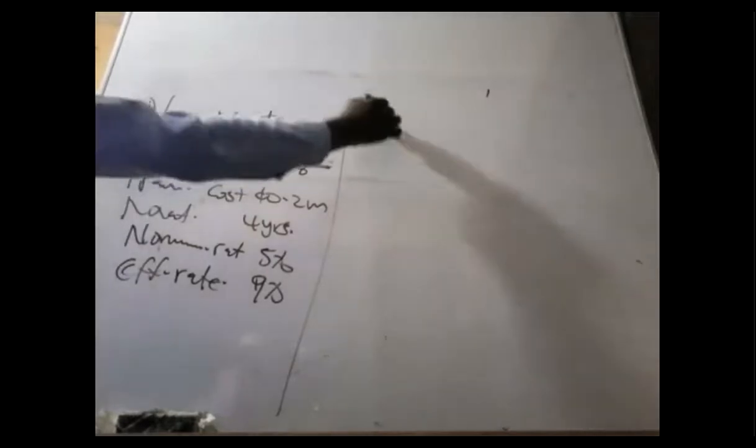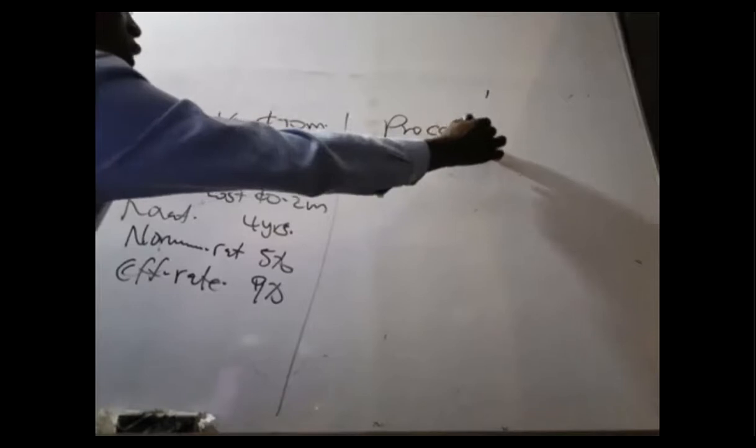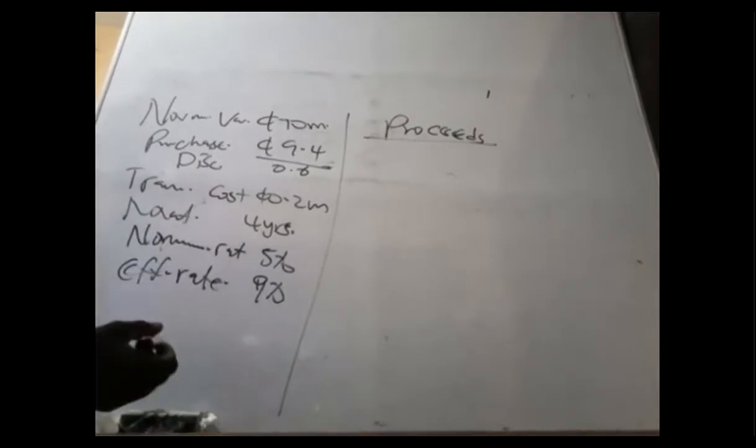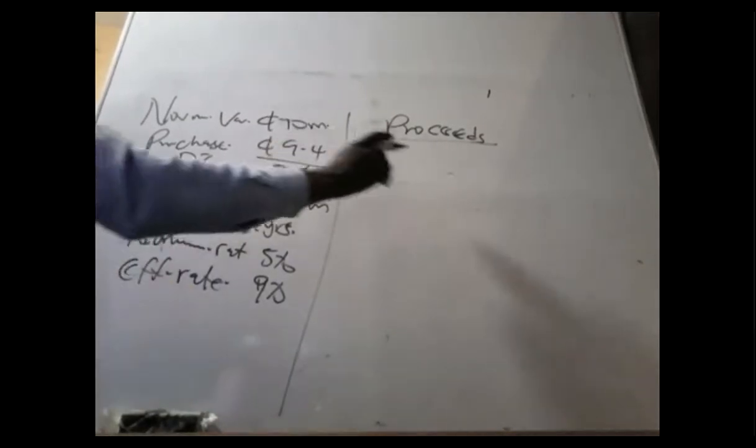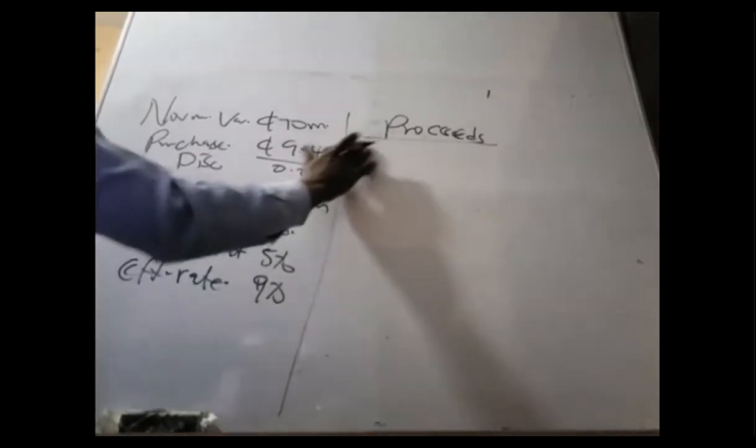The first thing you have to do is tell the examiner, I need the proceeds, how much we actually receive from the debt. Let me give the general formula first.